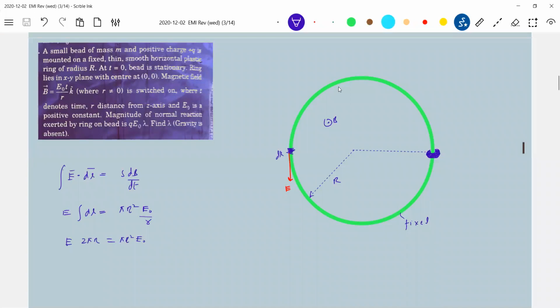What is this small r? B is B naught t by r, where t denotes time and r is the distance from the z axis. The ring lies in the xy plane.